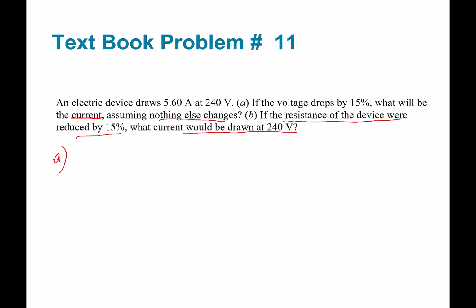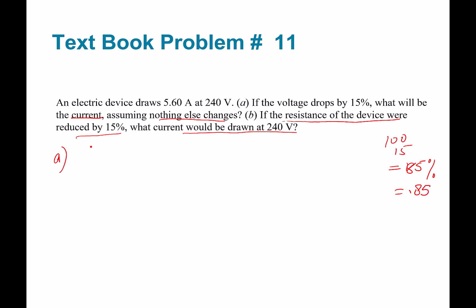So part A, if the voltage is dropped by 15%, 15% is out of 100, so if you drop 15, it is 85. So 85% means 0.85.